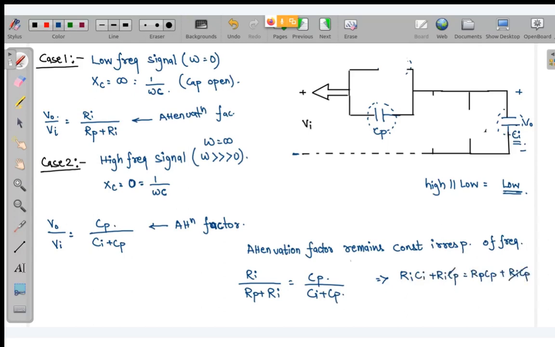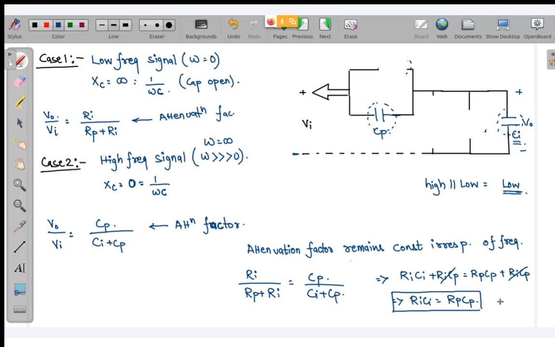So these two terms get cancelled. So we have Rici is equal to Rpcp. So this is the condition basically. This is the condition which we should maintain.